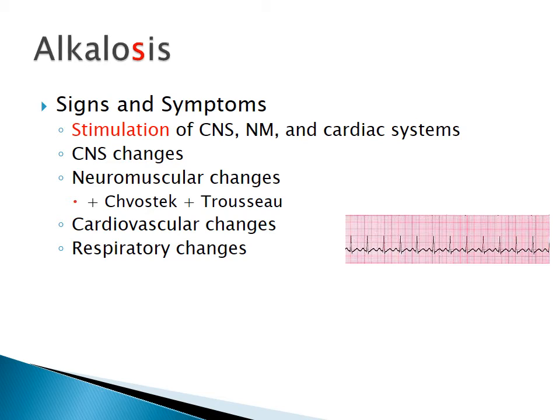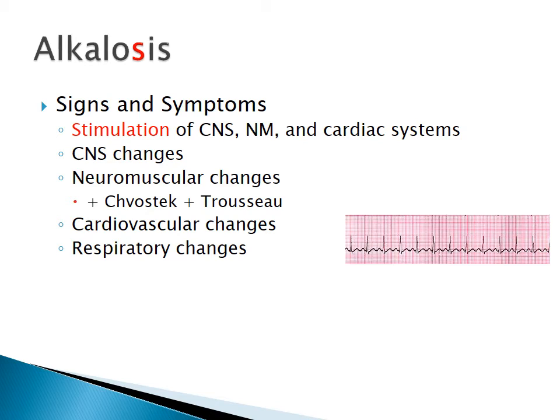In the CNS, we're going to see stimulation, we'll see hyperreflexia, totally opposite of what we saw with our acidosis. We're going to see irritability. One thing that we'll see is paresthesia. Typically you'll see a numb mouth and numb toes, and that's a really classic sign of our patients. And it can devolve into seizures.